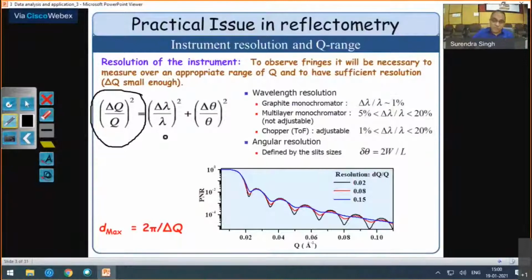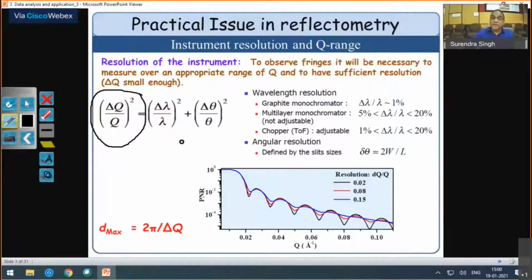For a monochromator like graphite, delta lambda by lambda is about 1%, and we are using a silicon monochromator over here. We have very little spread because silicon is a little bit more perfect single crystal.